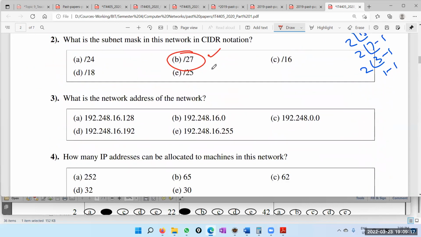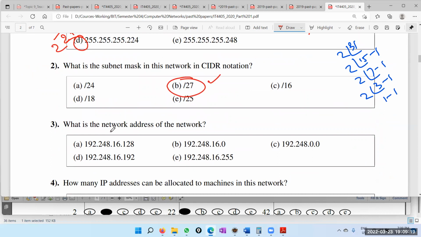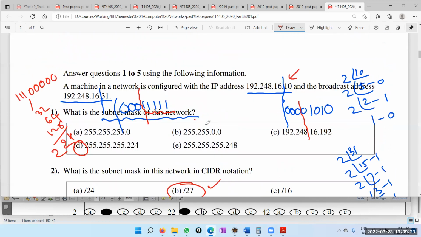Okay, right. Third one. What is the network address of this network? Because these questions are related. Of course, the subnet broadcast ID is when all the host bits are 1. The subnet ID is when all the host bits are 0. Anyway, you can't change the network bits. So you make all the others 0.